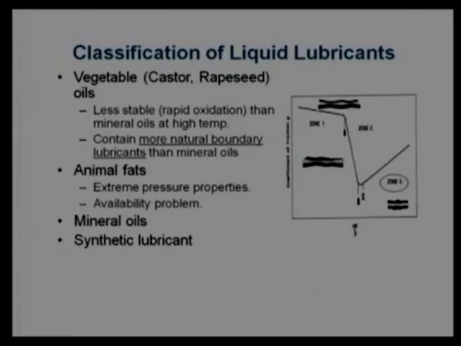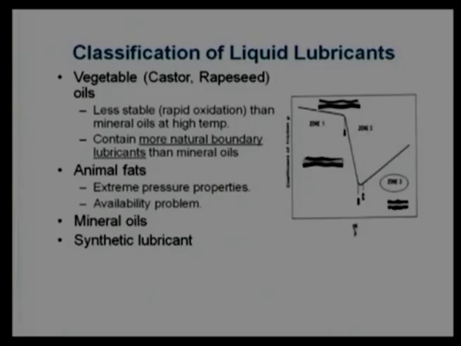Liquid lubricants are classified based on their origin, whether they are extracted from vegetables, animals, crude oil, or they are made in lab. Based on their origin, we classify as vegetable oil. Typical examples are castor oil and rapeseed. Animal oil is maybe fish oil, whale oil.